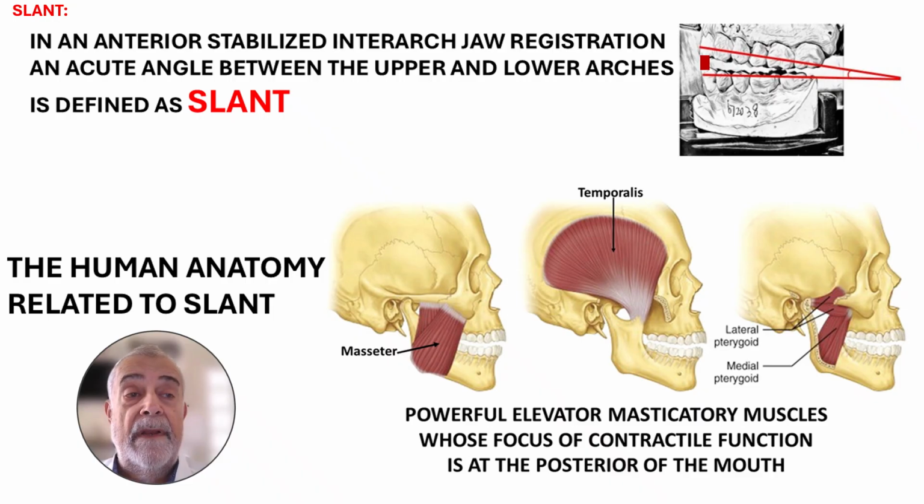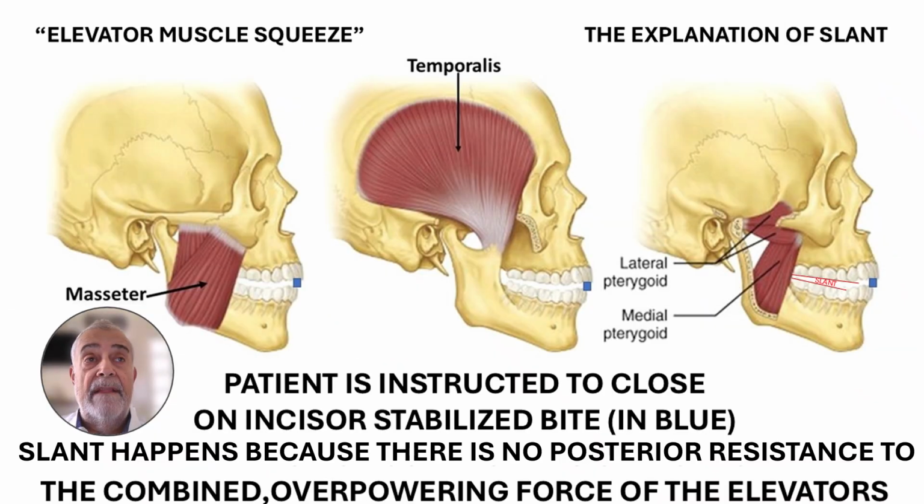Human anatomy related to slant: the powerful elevator muscles of the human body have their focus of contractile function at the posterior of the mouth. None of these forces occur at the anterior of the mouth. Elevator muscle squeeze is the explanation of slant.